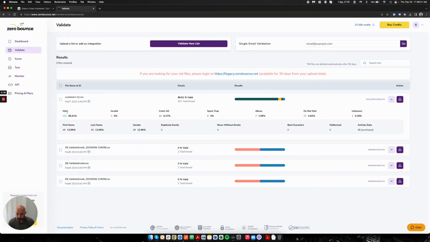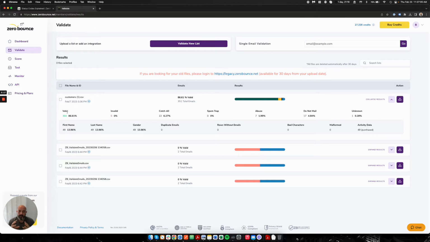Now, I get a lot of questions about this. Should I use the abusers or should I not? And here's the easiest way for me to look at it, but it is very high level. You have to look at your business use case. If you are collecting data and we validate that email address and it comes back as an abuser, for example, you have a sign-up form, or you have a mobile application, or you're a fast food restaurant, and someone's trying to sign up on your app and we mark them as an abuser, I would accept that registration and I would continue to work with them as if they're a valid email address.